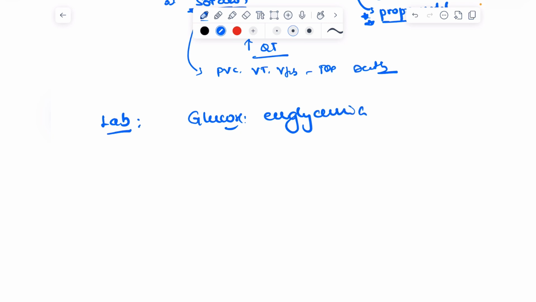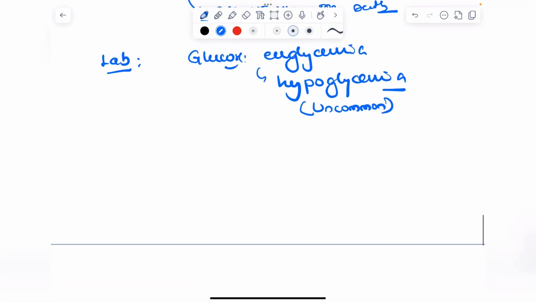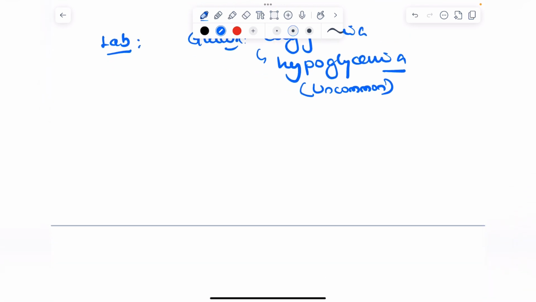But what can be expected is hypoglycemia because of the blockade of glycogenolysis. Though it is theoretically common, in practice it is uncommon. Next, the potassium will be elevated, hyperkalemia, and you have to do RFT and ABG in all the cases. This is very important.